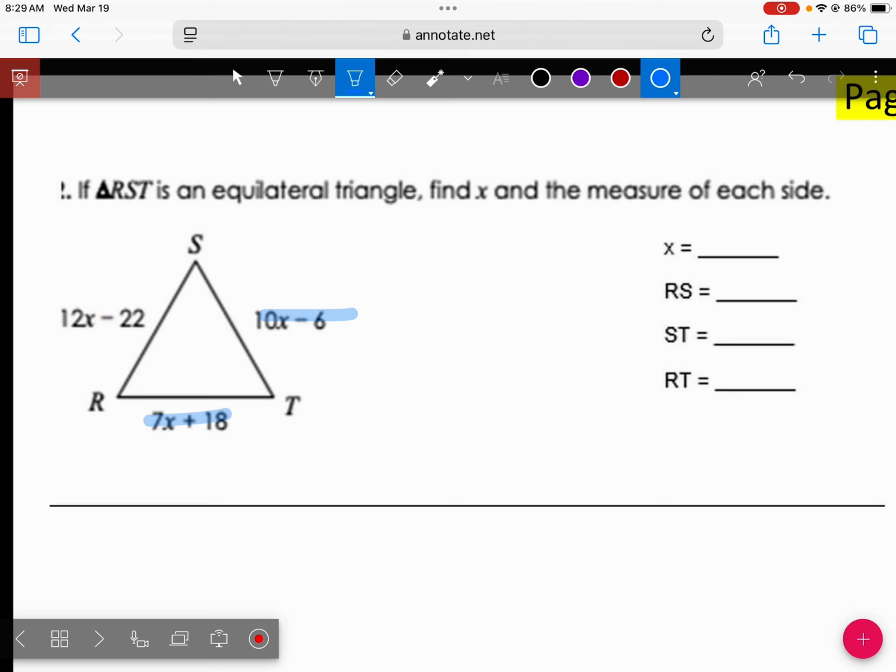and solve for x. I think I'm going to use these 2 sides so I can be different than what I did first period. So 10x minus 6 is the 2 sides I'm using, equals 7x plus 18.